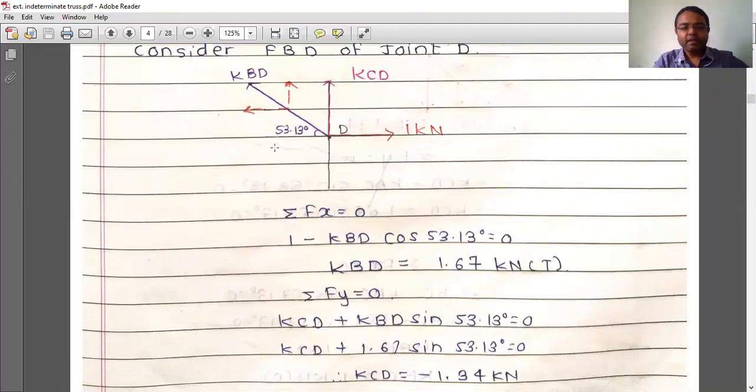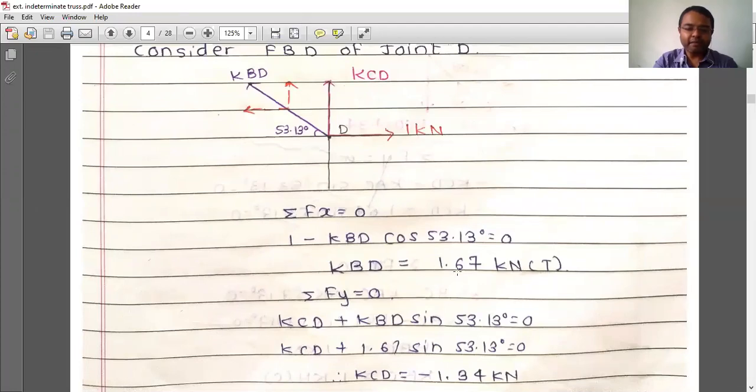Important thing is we have to measure the angle with respect to the x-axis. So minus KBD, as it is going towards left, that's why minus, and 1 Newton going towards right, that's why plus. From this we can get the value of KBD.